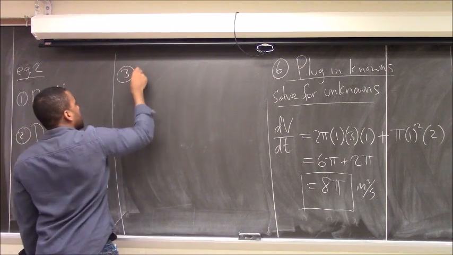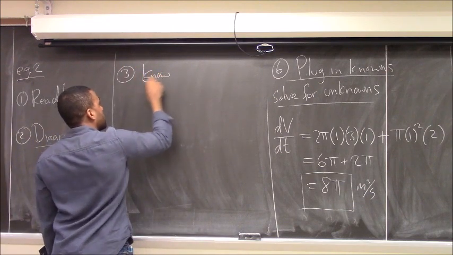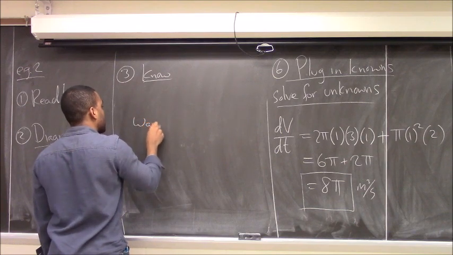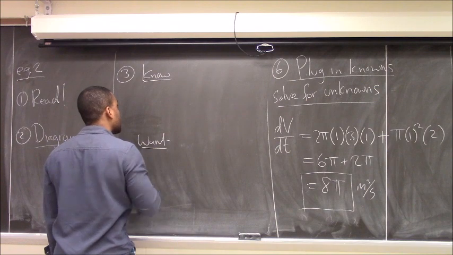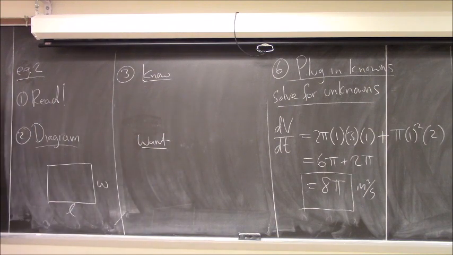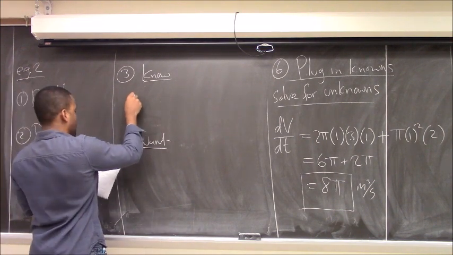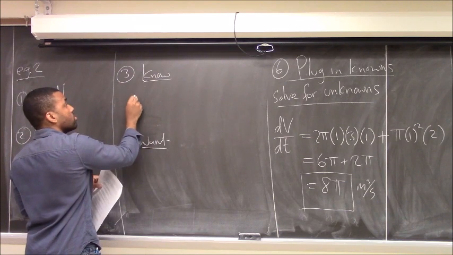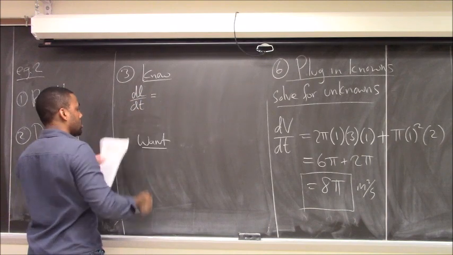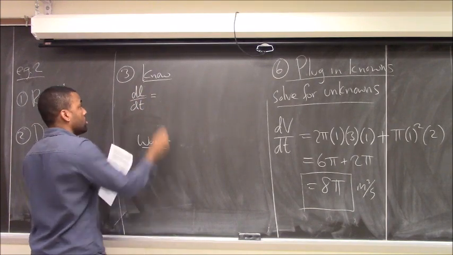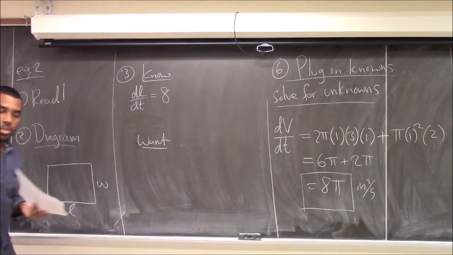Move on to 3. Write down what we know. What do we want? Put some space here. So what are the rates that we know? It's 8 centimeters. So how can I write that down? dL dt is 8 centimeters per second, and it's positive 8 because it's increasing.